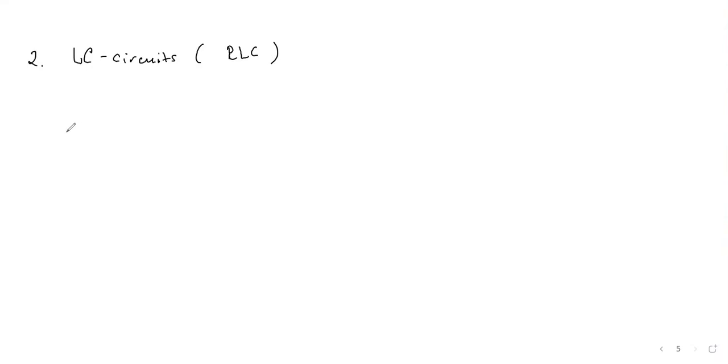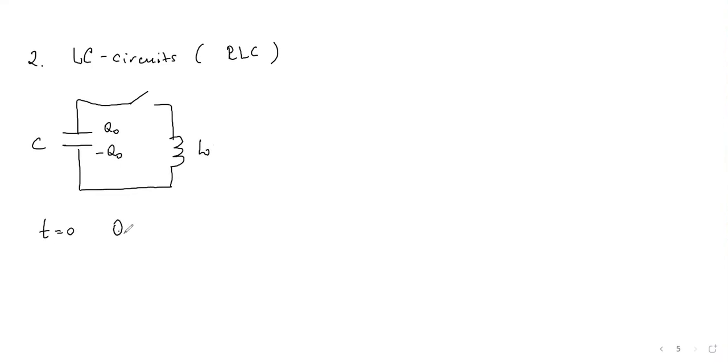So let's say you have a capacitor with some initial charge. Then you have the switch and inductance. So at time equals 0, I'm not going to have any current, but I'm going to have charge. And then at time equals 0, we're going to close the switch.